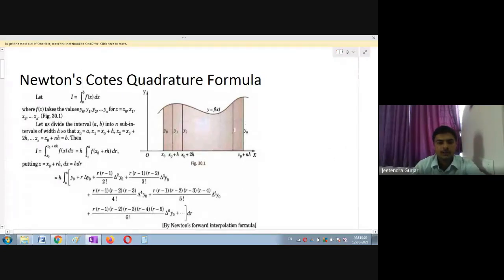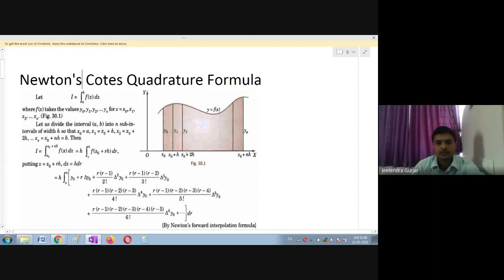Under this area I want to calculate from this curve, so I will take a curve y equal to f of x. Then I will start taking the straight lines. I will start from x naught, and the corresponding value will be y naught. Then I will increase this by some interval h, x naught plus h, and the corresponding value will be y1.